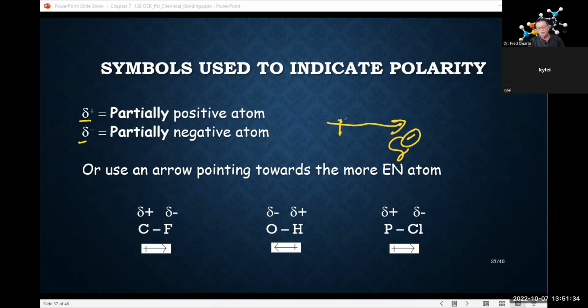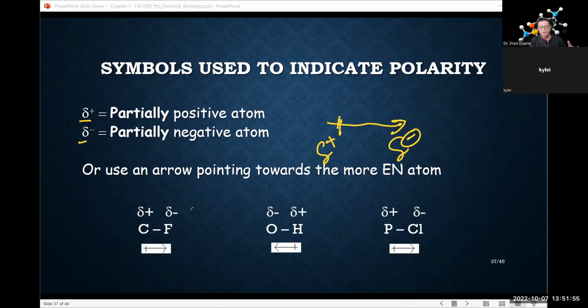And we designate which direction by the arrow. The pointed arrow designates where the partial negative side would be, and then we have a positive end on the other side, okay? So if we look at a carbon fluoride bond, we know automatically that fluoride is the most electronegative element there is.